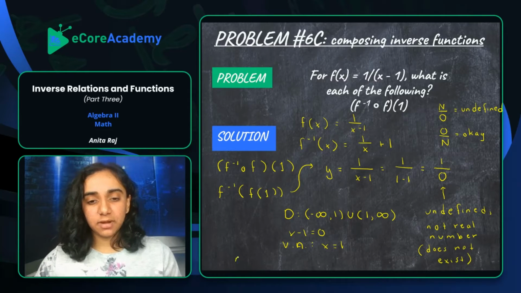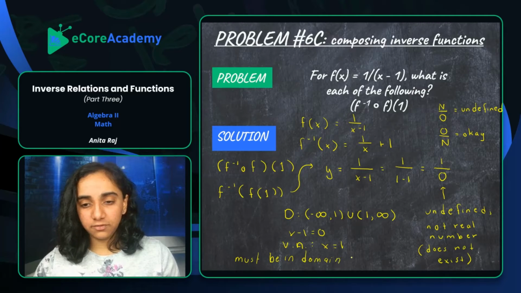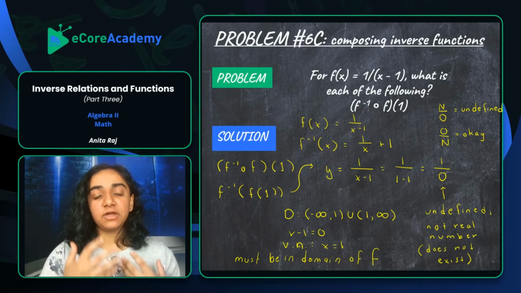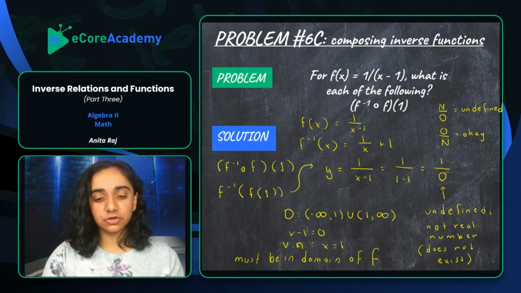And I want you to keep in mind that whatever x value we're inputting into the first function, and whatever output we get that we're inputting into the second function in this composite function scenario, it must be in the domain of f. That was that last rule we were looking at. It must belong in the domain of f for this to be true.